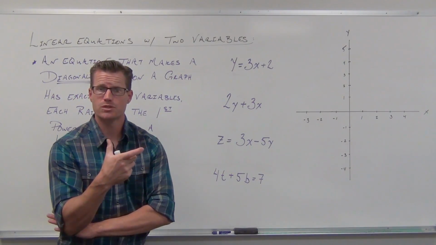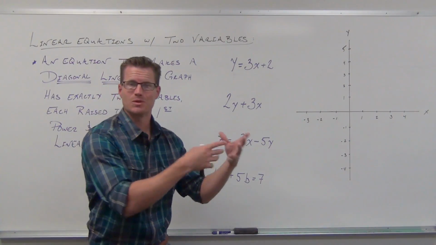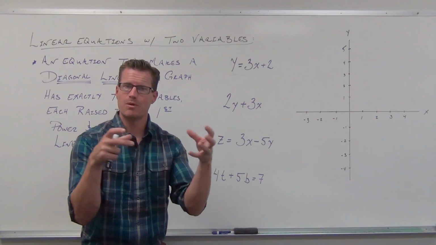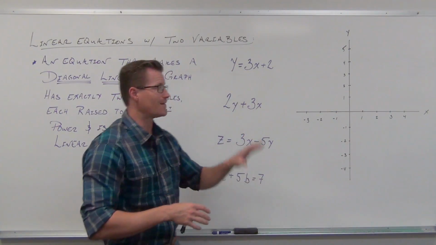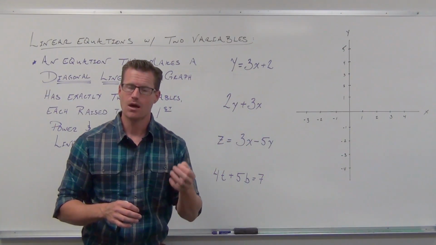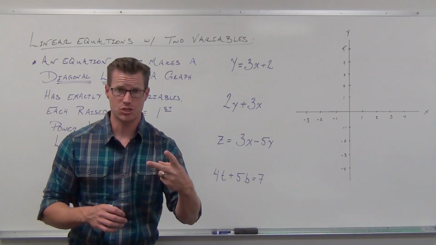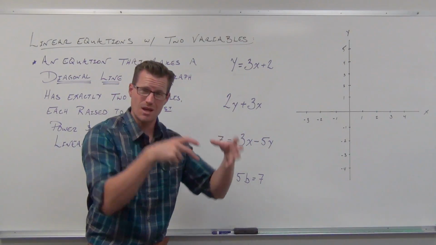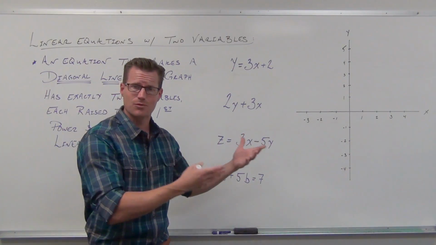You could pair those numbers up in order and get an ordered pair, something you can plot. This is exactly what we were talking about in the last video. A relationship among two numbers that we can plot on a graph. That is exactly what linear equations in two variables give you. It gives you a relationship amongst two variables that give you numbers that you can plot and make diagonal lines out of. That's all this stuff really is.